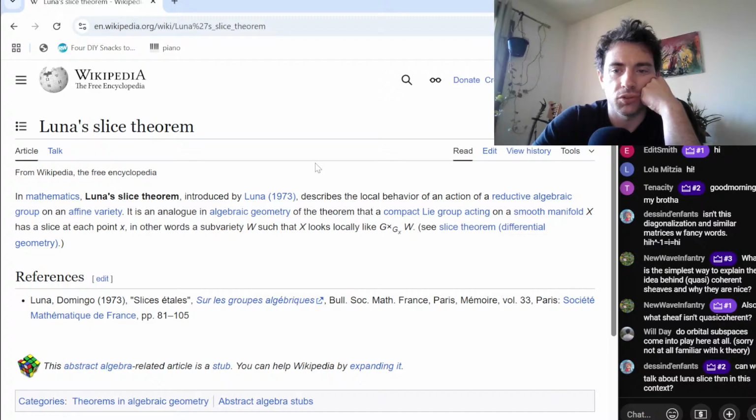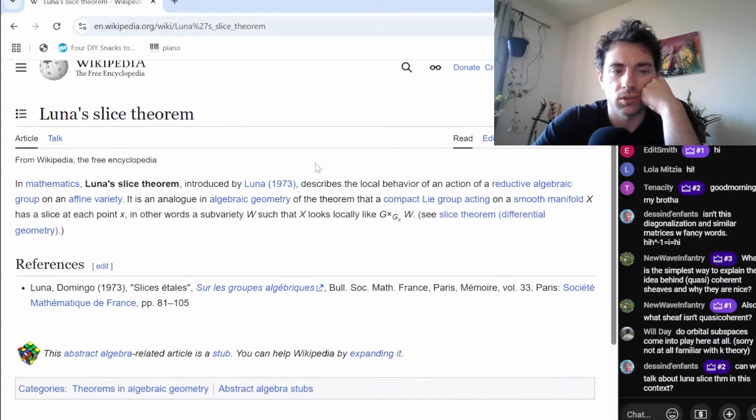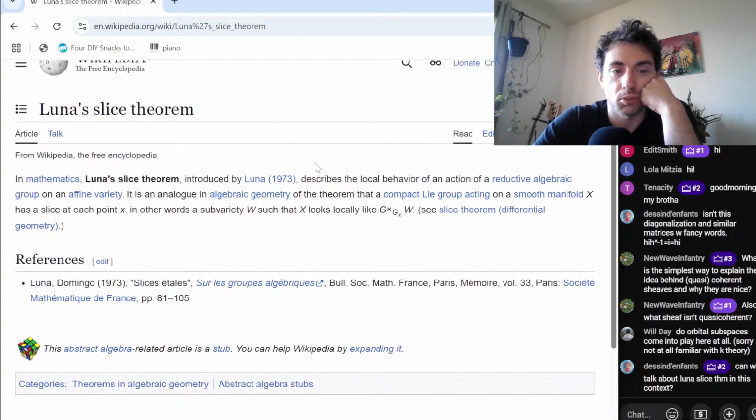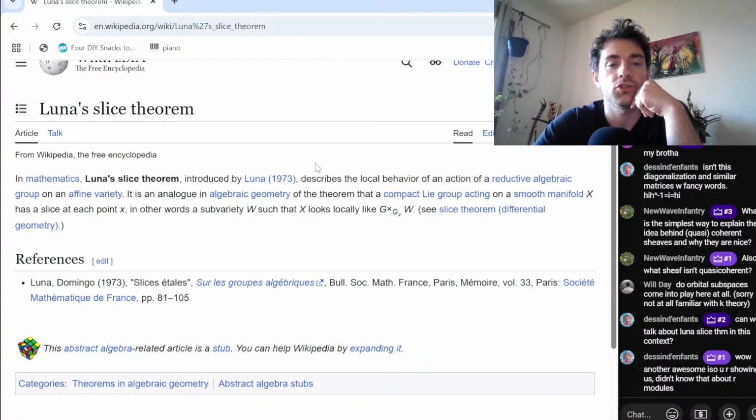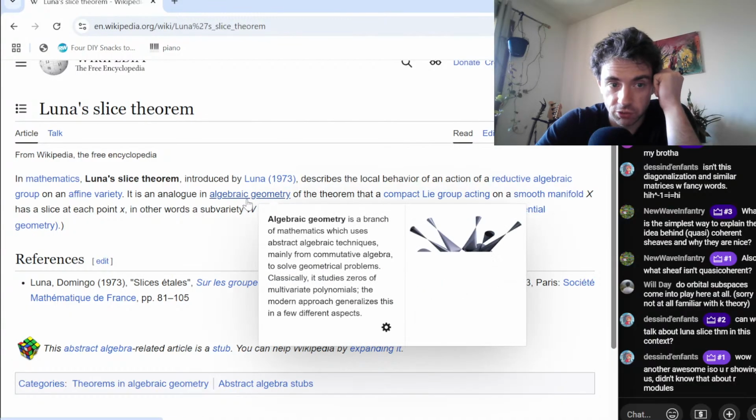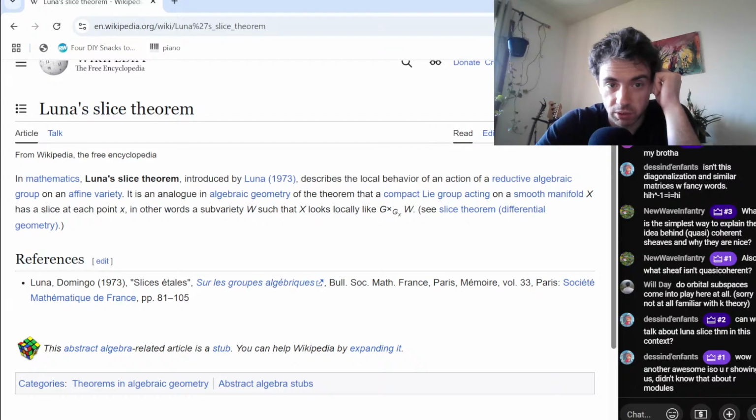Describes the local behavior of an action of a reductive algebraic group on an algebraic variety. Oh, well, that definitely seems applicable. Is an analog in algebraic geometry of the theorem that a compact Lie group, well, definitely the groups I have in general aren't compact or proper or whatever, on a smooth manifold has a slice at each point. In other words, a subvariety that looks like that.